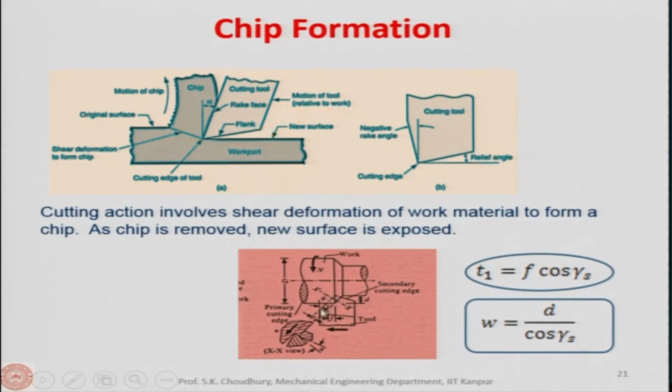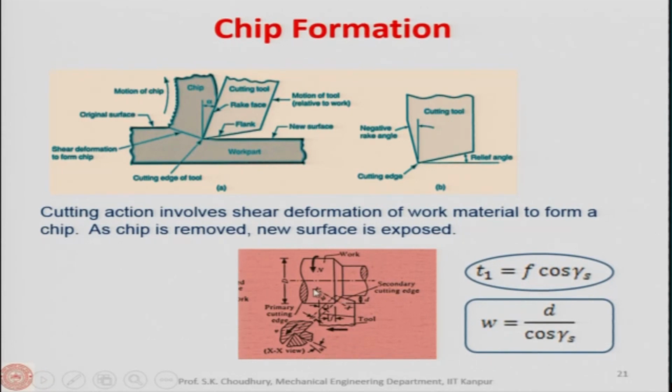With this dotted line, this is the next position of the tool in one revolution of the workpiece, as I was telling. Since the feed is given in millimeter per revolution, this is the movement of the tool in one revolution of the workpiece. So, from here to here, this is the value of the feed, and this is the direction of the feed.